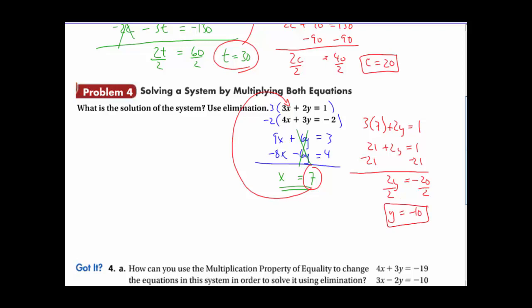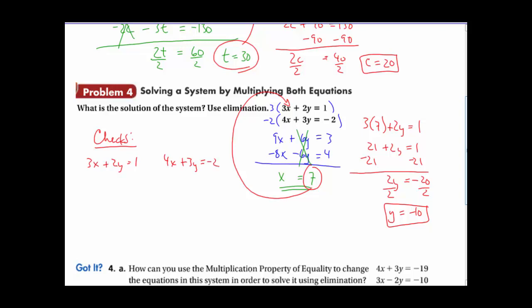Always plug back into both equations to make sure that you have done it correctly, meaning checks. So here are our checks. We have one equation that was 3x plus 2y equals 1, and another equation that was 4x plus 3y equals negative 2.